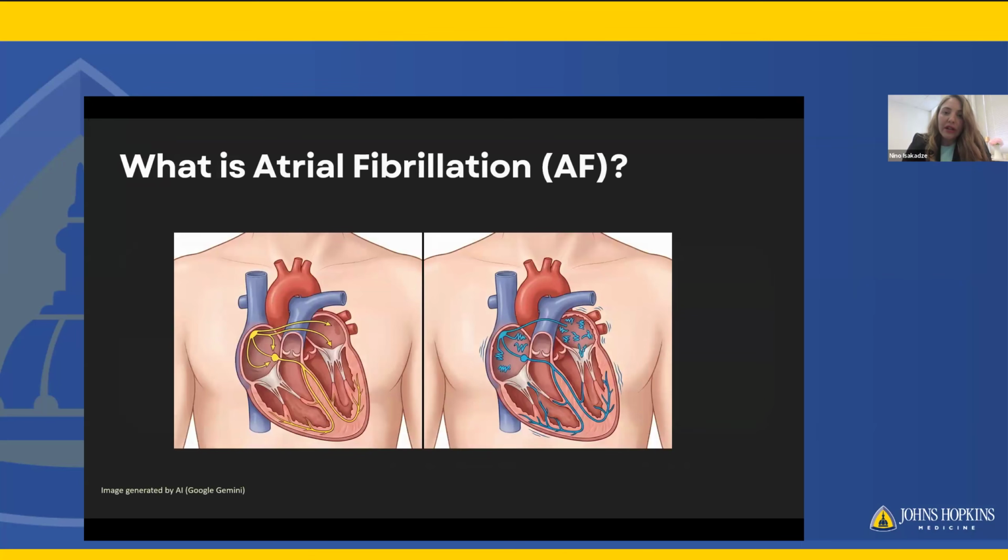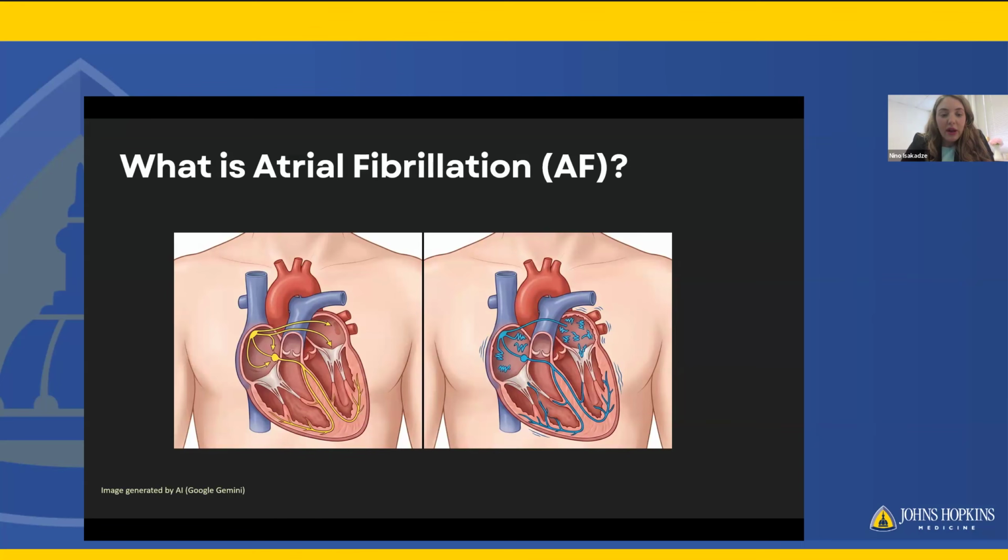So atrial fibrillation, again, is the most common arrhythmia, and it's an irregular rhythm. On the left of your screen, you see a normal electrical conduction system in the heart, where the heartbeat is initiated in the top right chamber from the sinus node.